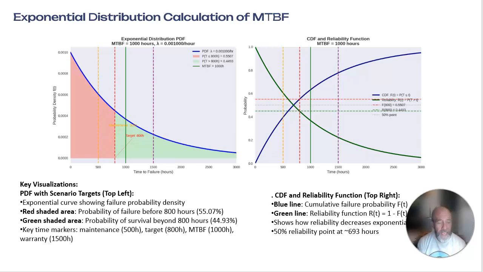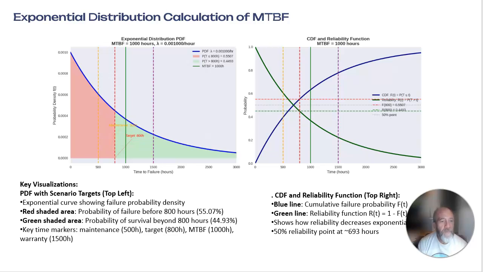Okay? And if you look at the probability density function, you'll see that it plots out as this decay. It's useful for measuring mean time between failure, and you can plot targets and mean times between failures because they fit this distribution relatively well.